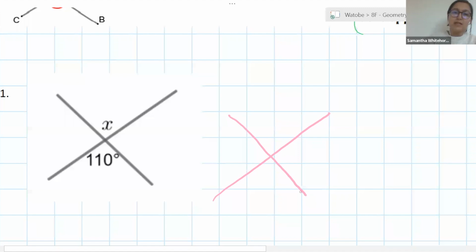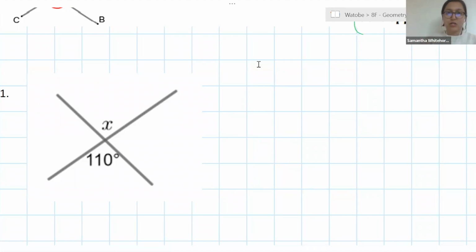If, for example, my one line had a bit of a weird kink in it, that's no longer vertically opposite. That angle is no longer the same as that angle because it's not two straight lines forming a cross. So we just need to be mindful of this. They have to be perfectly straight lines forming that sort of cross or intersection.